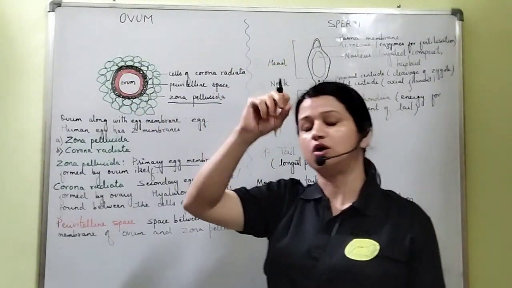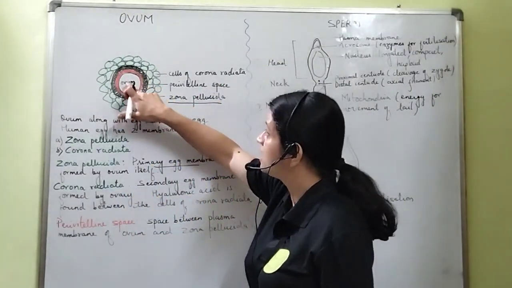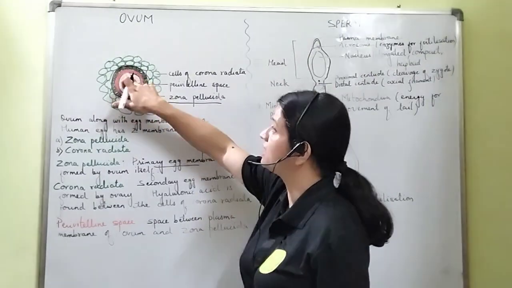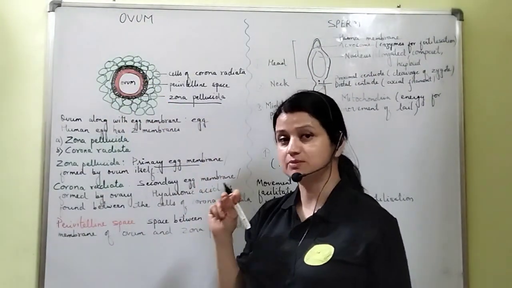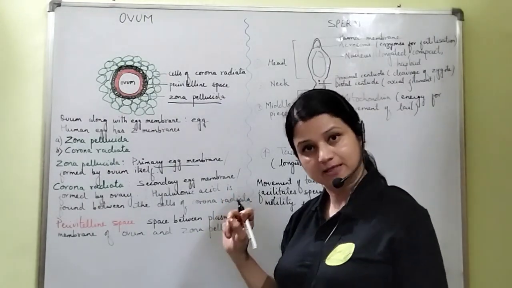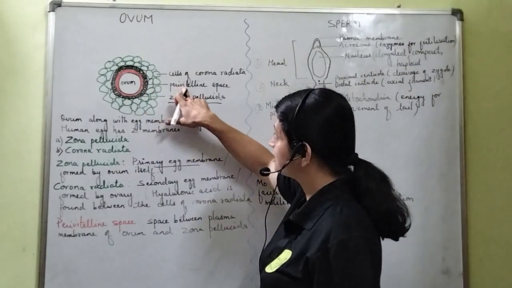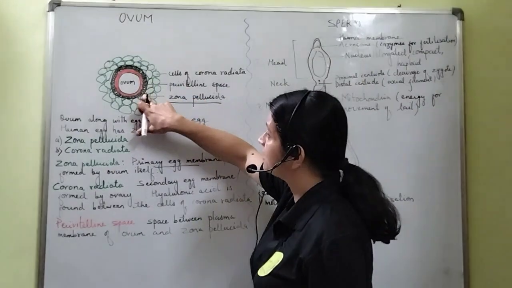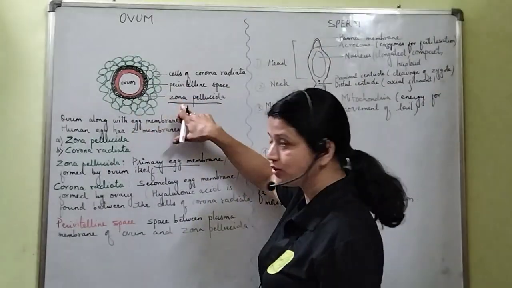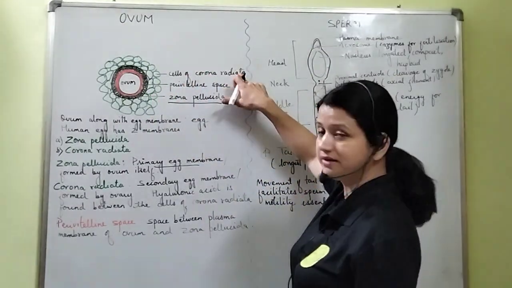It is not a membrane, it is perivitelline space. Clear? So here I have shown perivitelline space. Then the inner membrane is your zona pellucida and outer to zona pellucida is corona radiata.